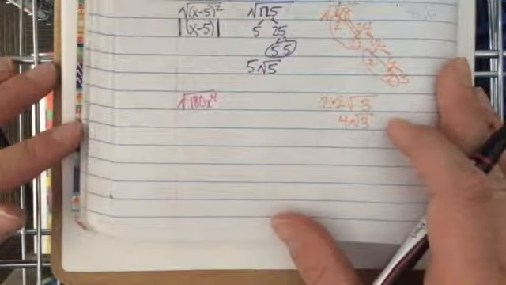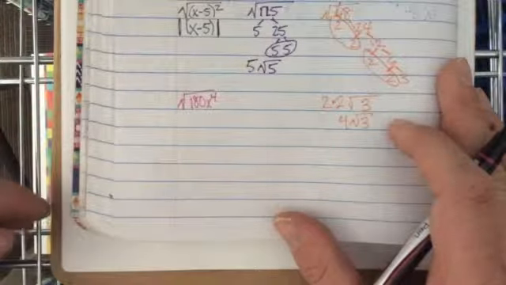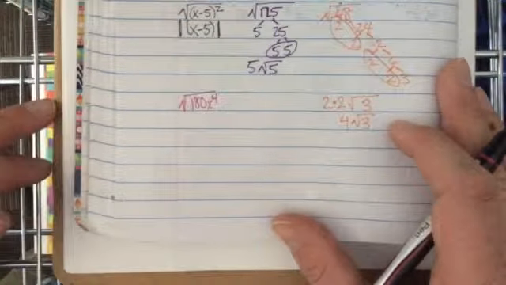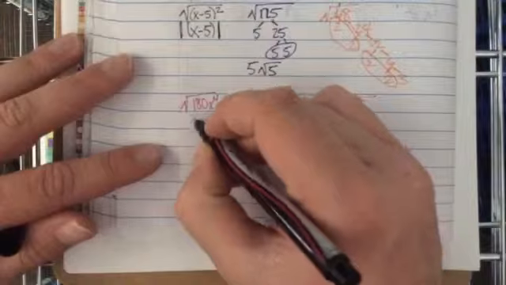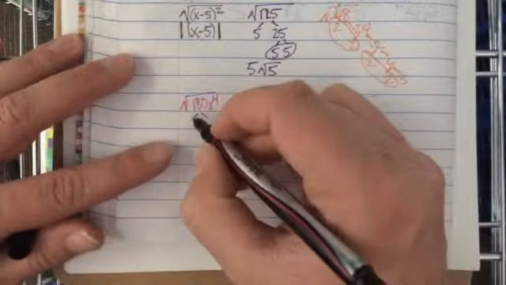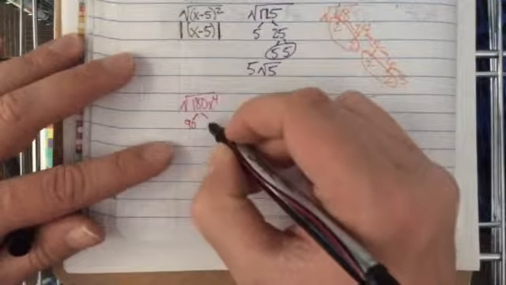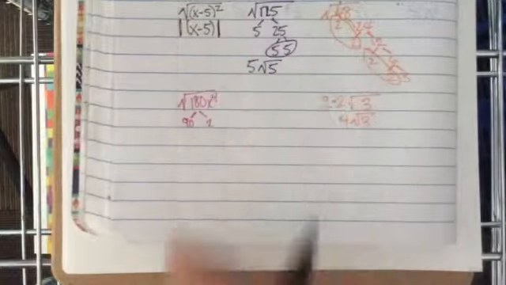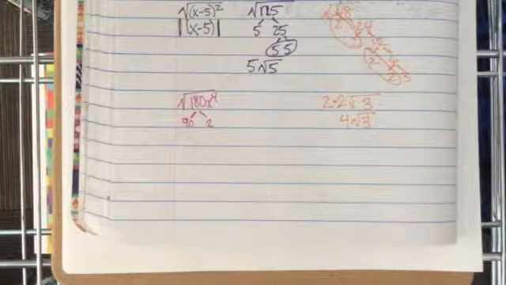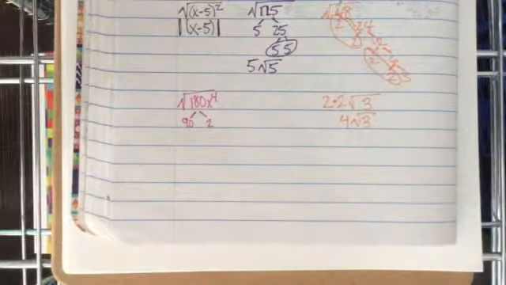Is 180 perfect? What are its factors? We can do 90 and 2. 60 and 3. We could have done 9 and 20.